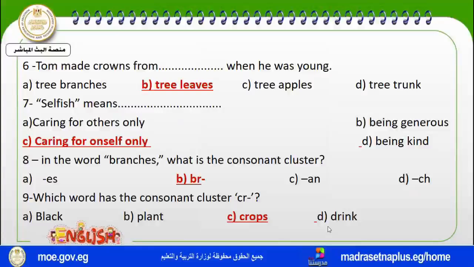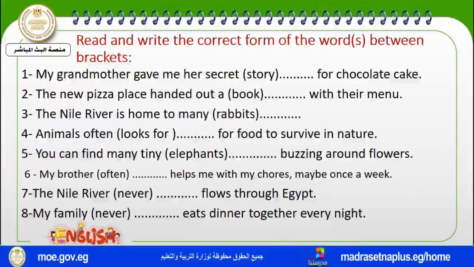Let's move to another one. Here we have another activity. We have some sentences. Each sentence has a word between brackets, like the word story, book, rabbits, look for, elephants, often, never.